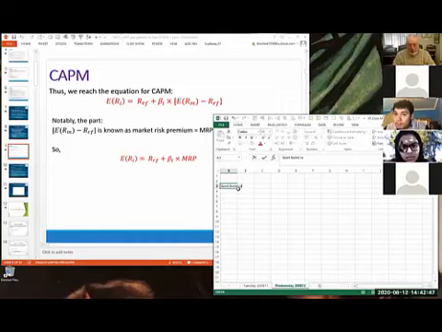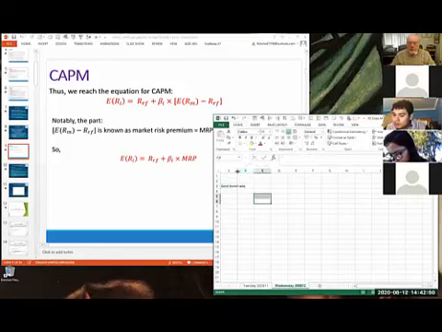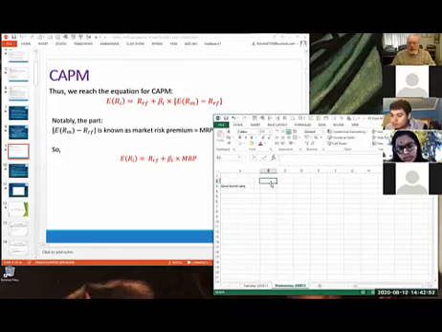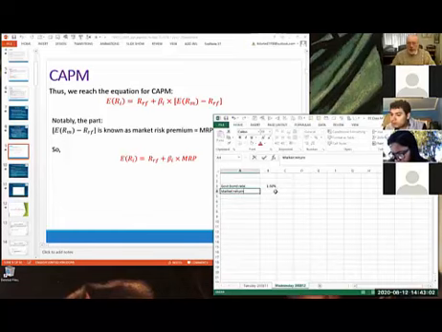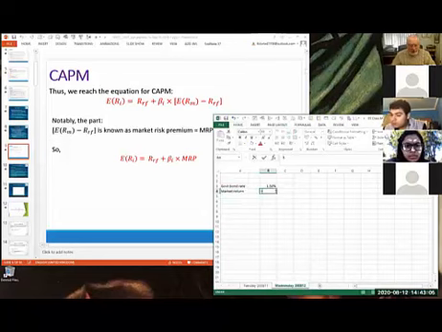Government bond rate. Let's say that's coming in at 1.5%. Market return, let's say that's 5%. Okay.